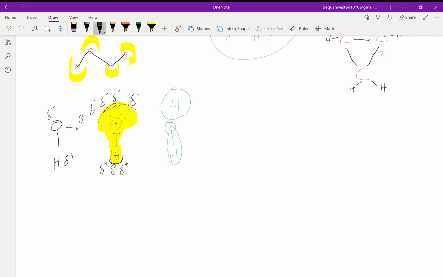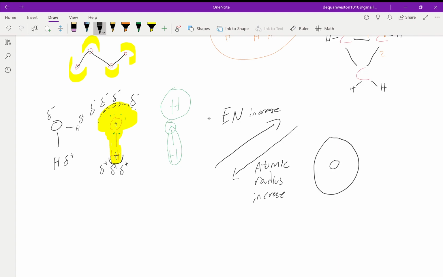Another way to think of this is electronegativity increases this way. Atomic radius increases this way. So as a molecule gets bigger, okay, so we'll say this is Na and we'll say this is oxygen.